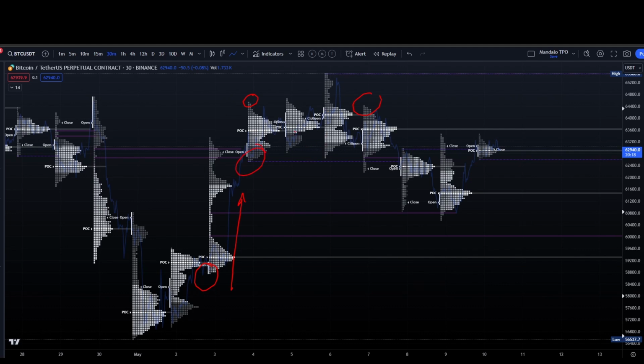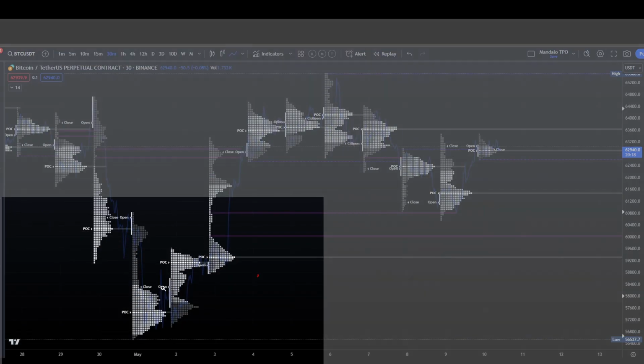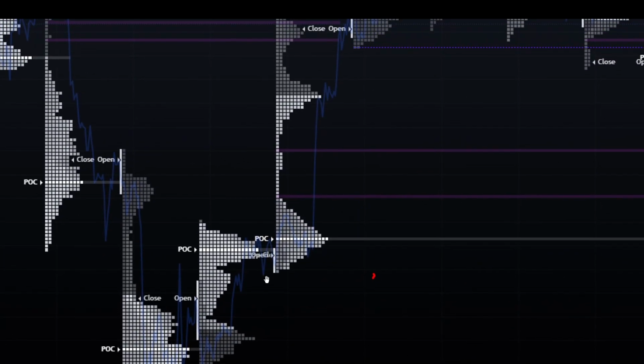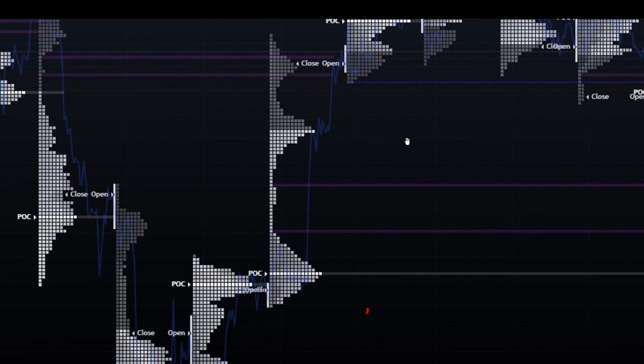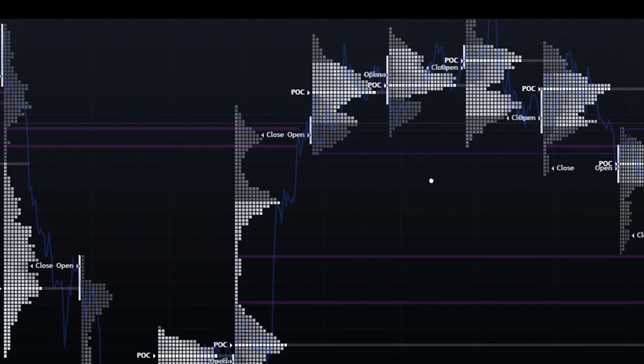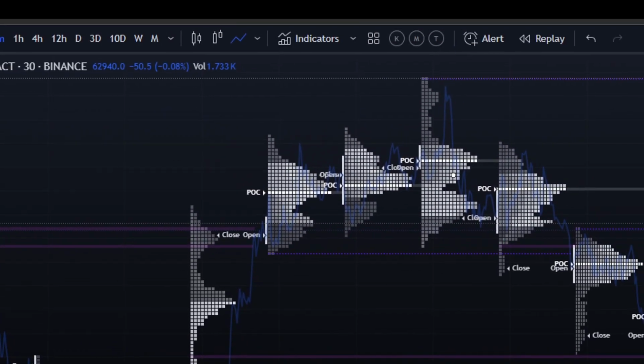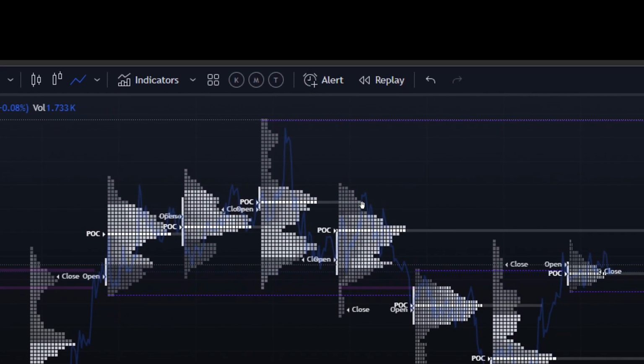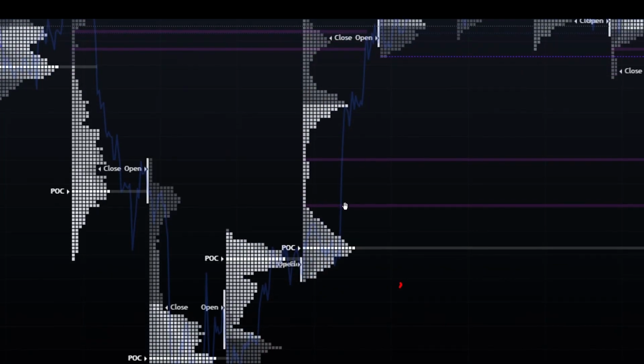And it's usually within a daily session, or at least a few days, to repair this lack of excess. Sometimes these retests result in a fast reaction and a poor level will be swept or swing failed in a single wick. Sometimes these poor levels will be traded through and a more expansive move can result.